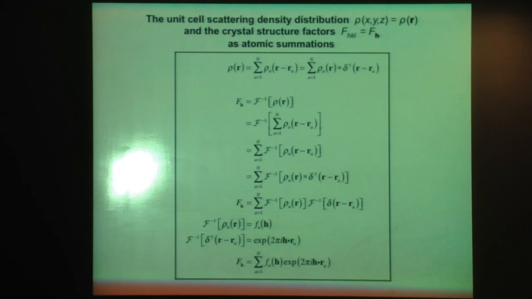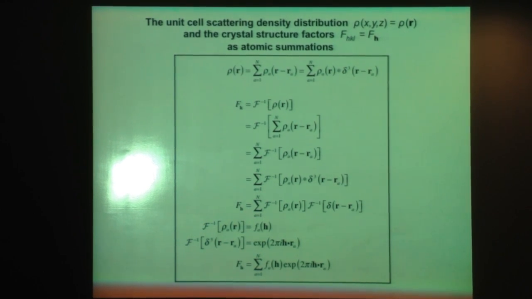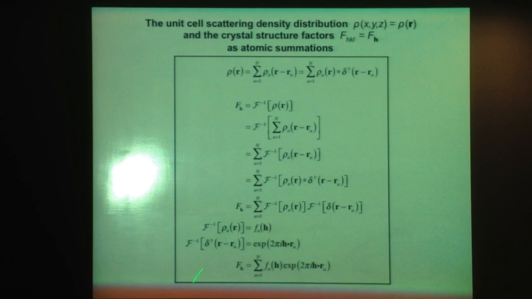It turns out, just as we compute the structure factor, as we saw on the last slide, as a sum over the n atoms of the unit cell, each atom represented by its scattering factor, so also we can represent the electron density as a sum over the atoms of the unit cell.